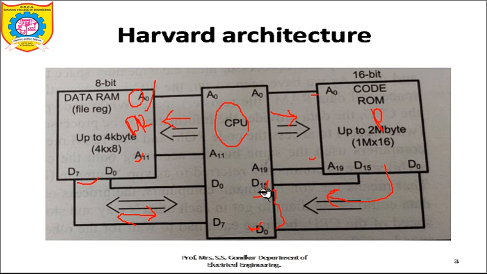So in Harvard architecture, because the number of buses is more, as separate access will be done for program and data memory, you can find more number of pins, and in total the pins are more. So large pins will come out of the microprocessor.